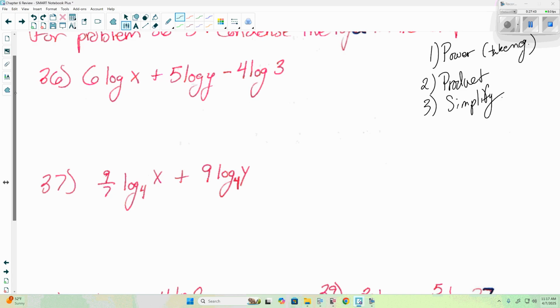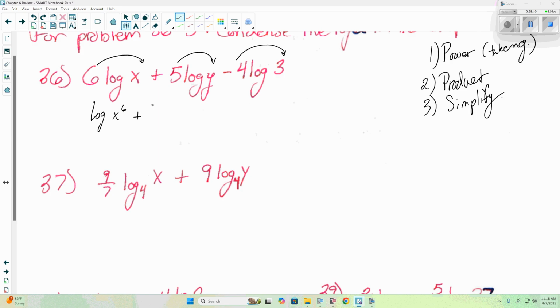So, we can look at 36. First step's powers. We're going to take each of the powers and move them back up into the exponent and take the negatives with it also. So 6 log of x is going to become log of x to the 6th.